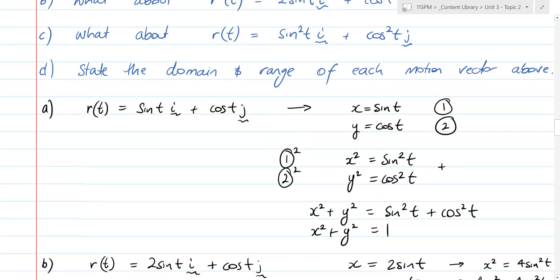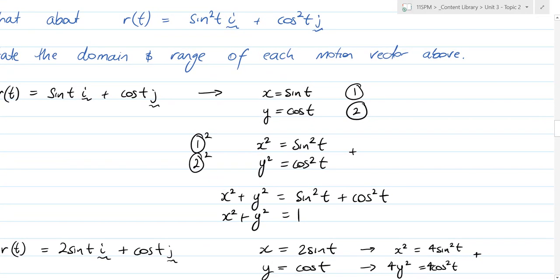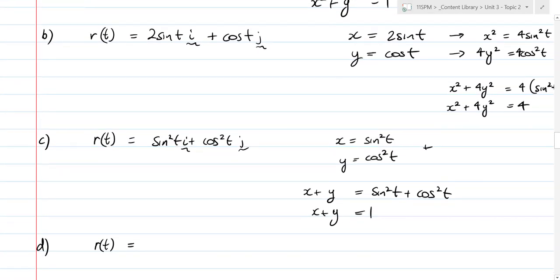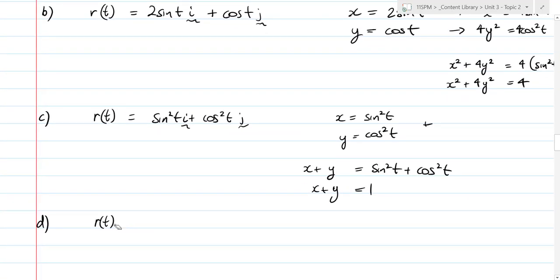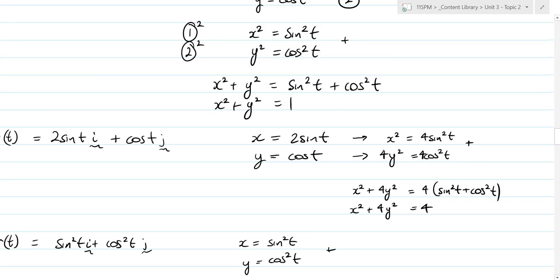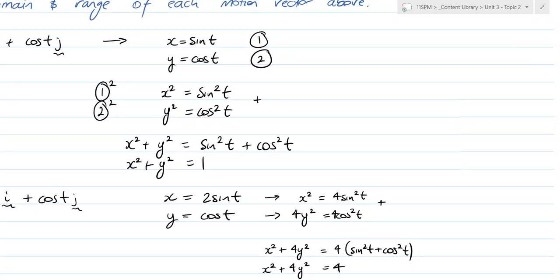The last one was: state the domain and range of each motion vector above. Why is it so hard? It's not. It's easy. You'll get that.